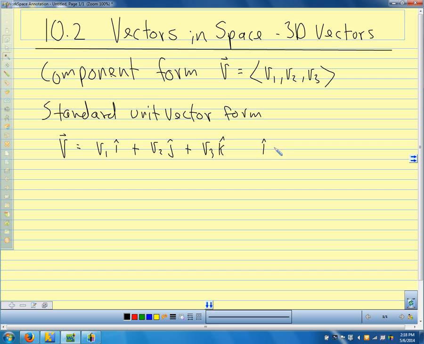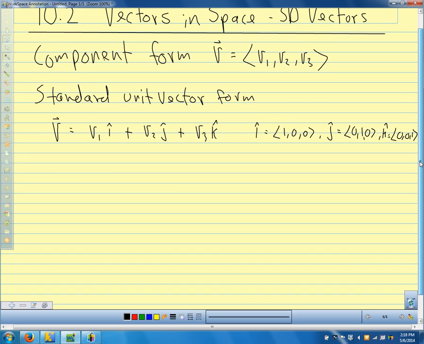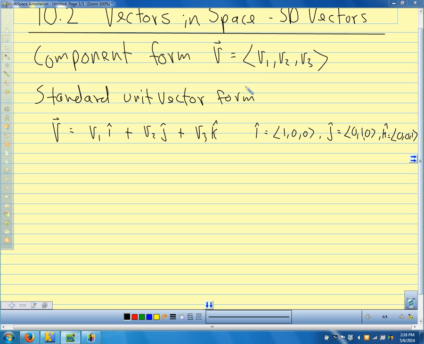Unit vector means its length is 1. i hat is in the x direction, so it's ⟨1, 0, 0⟩, pointing along the x-axis. j hat is our unit vector in the y direction, ⟨0, 1, 0⟩, so it points along the y-axis. And k hat is our standard unit vector in the z direction, ⟨0, 0, 1⟩, pointing along the z-axis. So these two forms mean exactly the same thing for this vector.